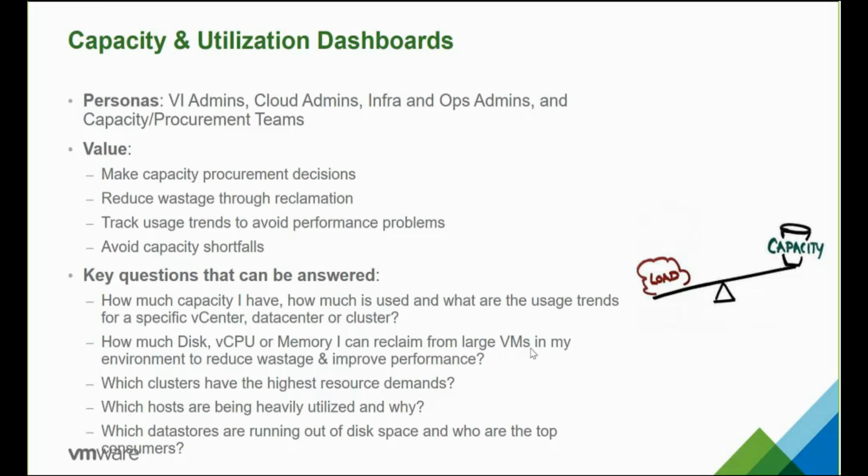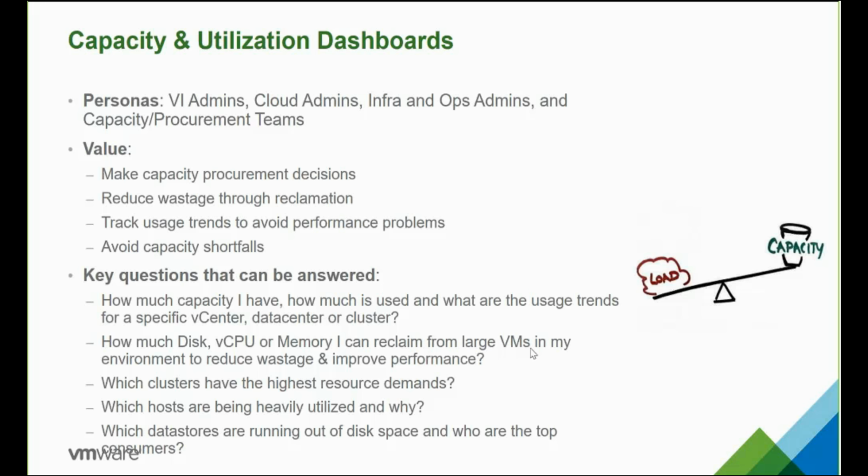They want to know if there are hotspots in the data center, if there are data stores, hosts, or clusters which are highly utilized, and if they are heavily utilized, what are the reasons behind that? Is this a root problem, which might be, let's say, a VM running a process which is taking 100% of resources all the time?